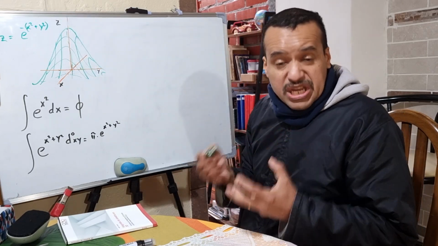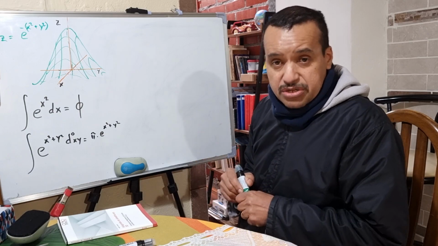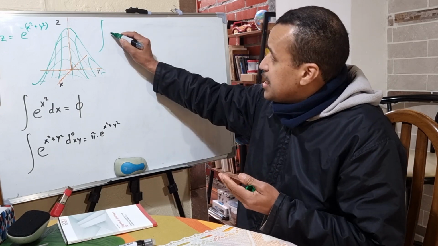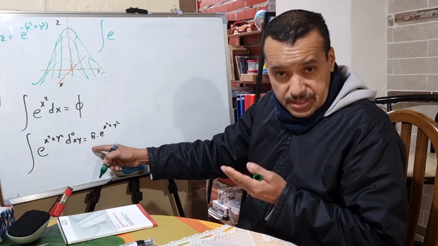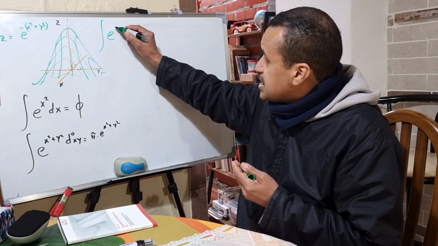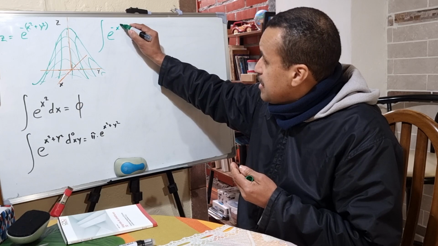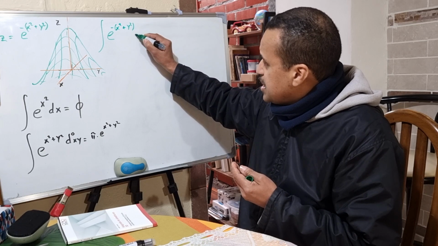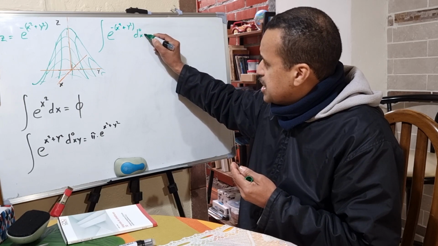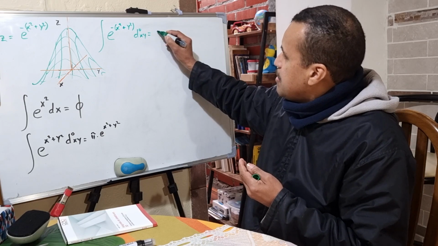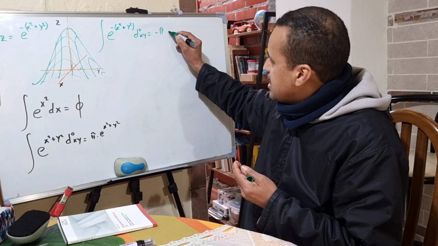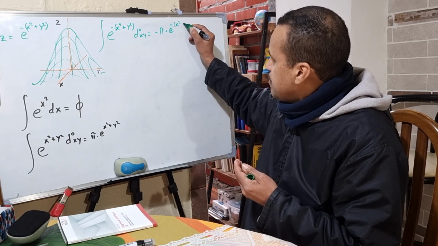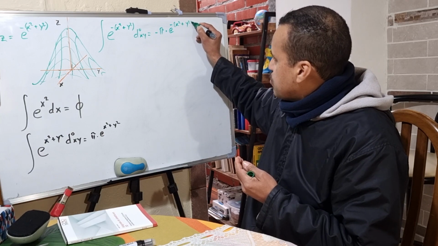Using this result, the primitive, the integral of e to minus s squared plus y squared, d circular expansion sy, is minus pi times e to minus s squared plus y squared.